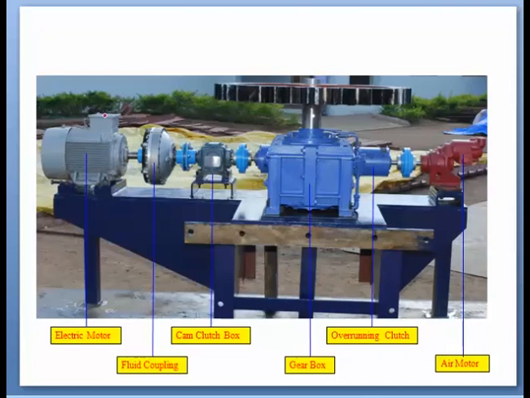Once the electric motor fails because of a failure in supply, we have to keep the air preheater rotating. In that case, this air motor will be used. The APH is required to be started before starting the boiler, and also to be kept in rotation for some time after stopping the boiler, to avoid uneven expansion and contraction resulting in warping and cracking of the rotor.